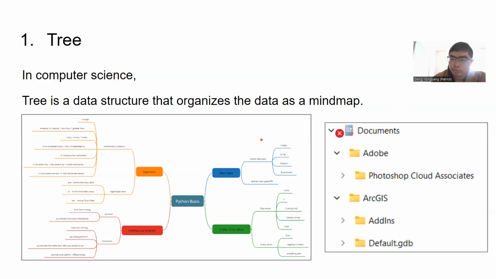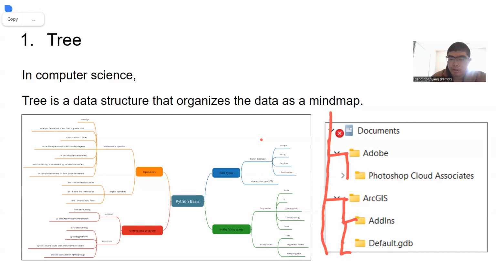They can be treated as leaves because there are no branches connected to them. They are the ends of the branch of built-in data types. In the computer, we usually have an arrangement of files. For example, I have Documents here. Documents is like a root that stores many things, and I have two branches: one is Adobe, one is GIS. Adobe has a branch, Photoshop, and GIS has two branches, add-in and default GDB.